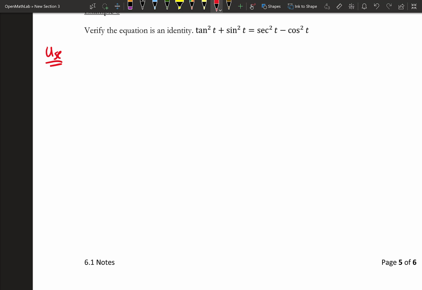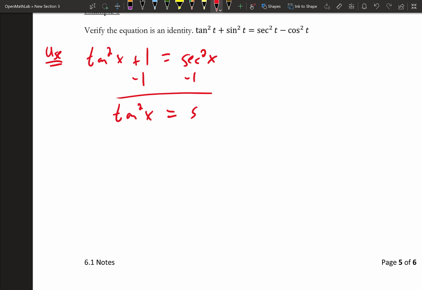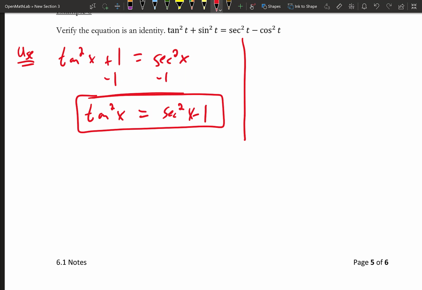One is that if we start with the Pythagorean identity tan squared x plus 1 equals secant squared x, I can subtract 1 from both sides, and this becomes tangent squared x equals secant squared x minus 1. So we're going to use this in this problem.